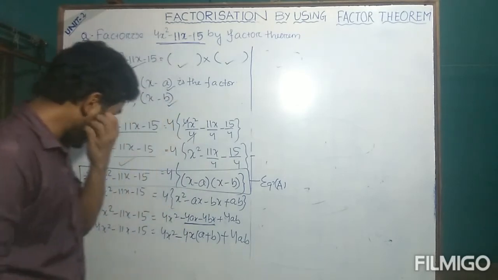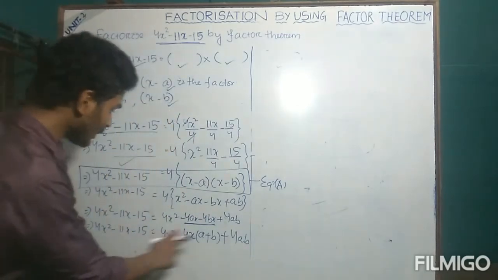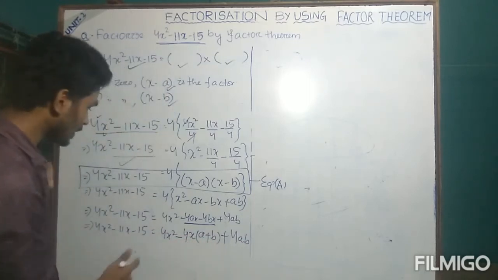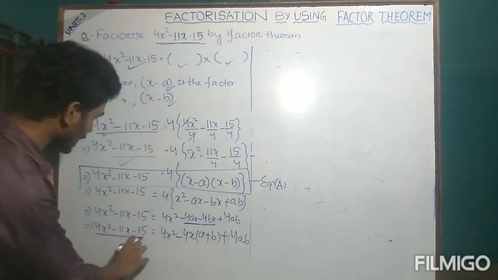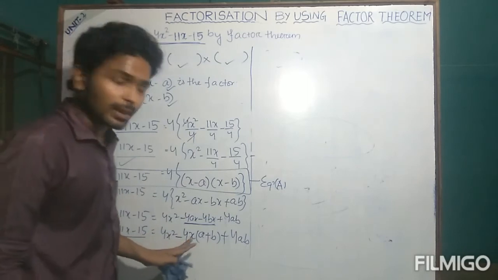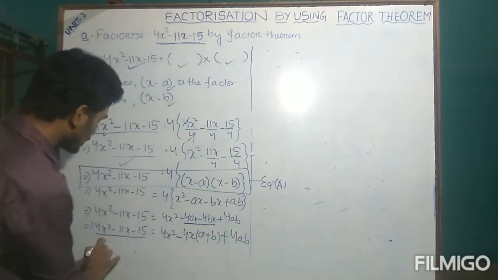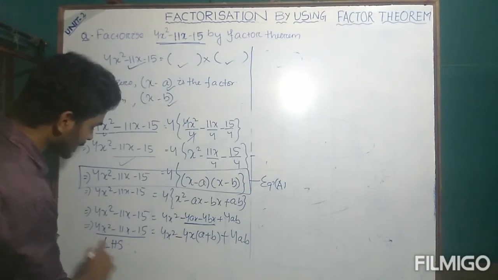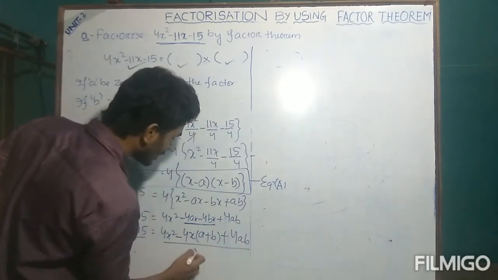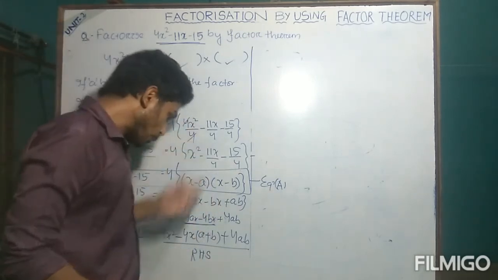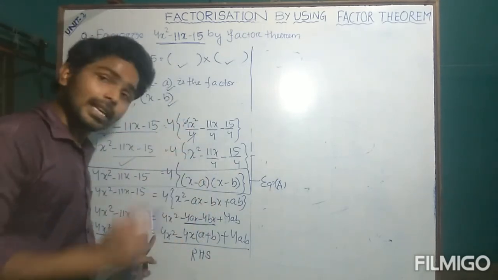So now we have finally reached the last of the product. Now we get 4x square minus 11x minus 15 is equal to 4x square minus 4x whole into a plus b plus 4ab. Now this is the LHS part and this is the RHS part, and you can see both LHS and RHS are equal.